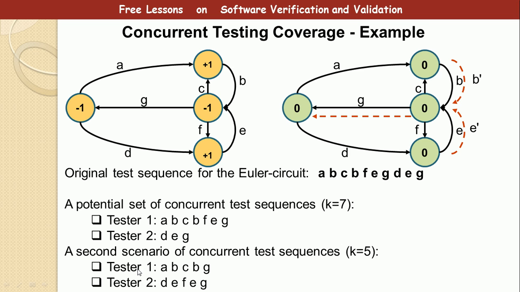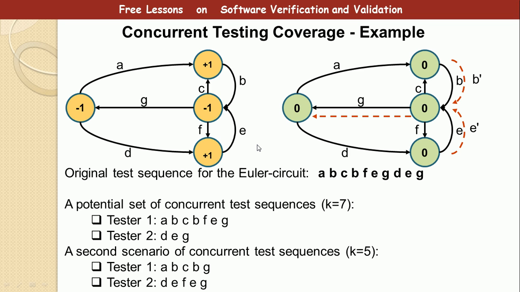Now we have a second scenario where we choose K to be 5. So let's say A, B, C, B, G. That covers one part. The remaining part can now be covered by the second tester starting from D. I hope this is very clear.